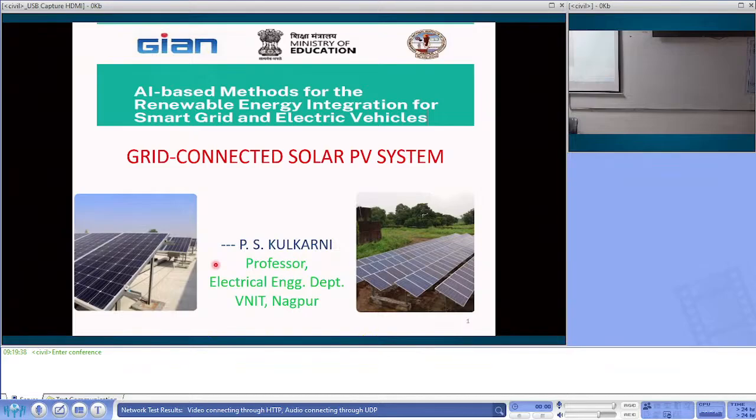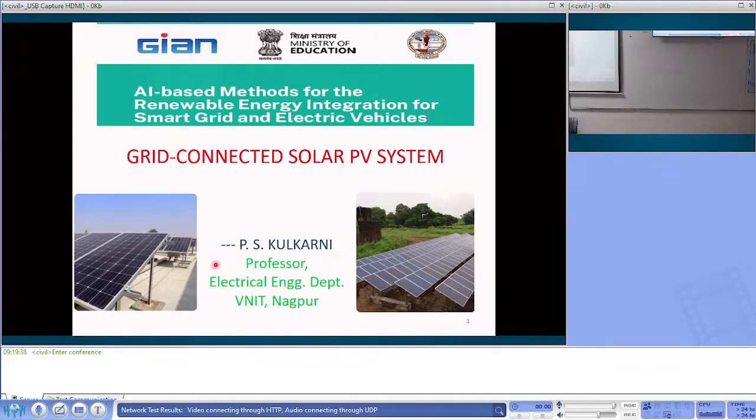The whole canal is covered. That is the only one in canal top. And floating solar, the area in which my scholar Mamta is doing PhD, and Sai is doing MTech project. So all these systems are grid connected.